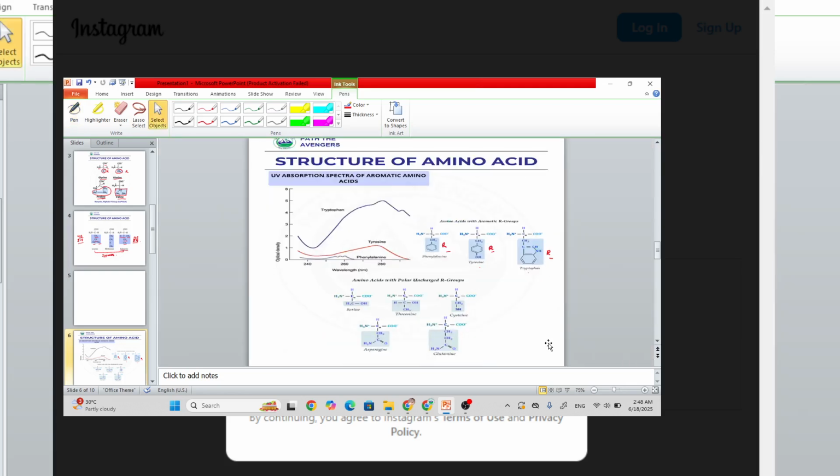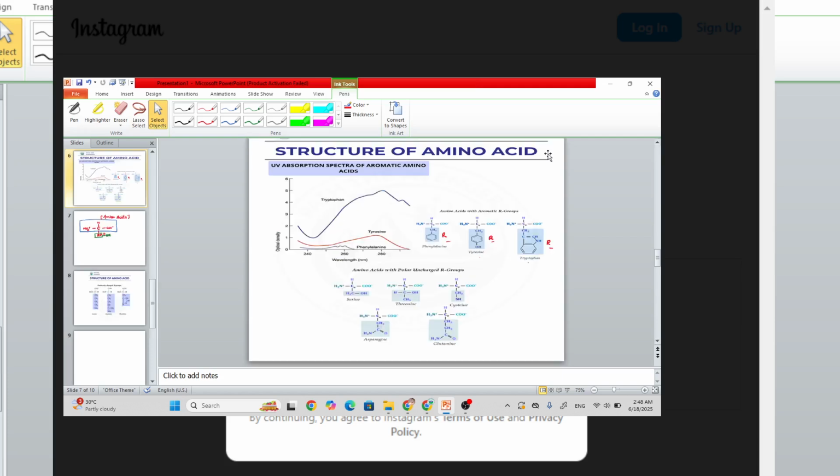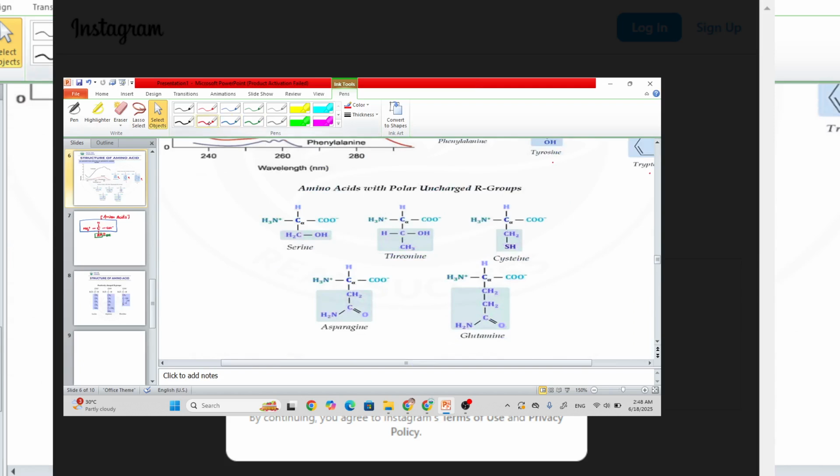Now here are some polar uncharged R chains. This one is serine. In all of these structures you can notice there is a single alpha carbon, then the carboxy carbon, then hydrogen and the amino group. These structures are always the same, with differences only in the R chains of serine, threonine, cysteine, asparagine and glutamine.